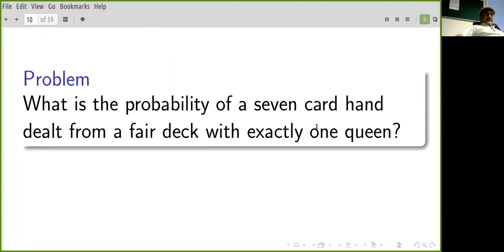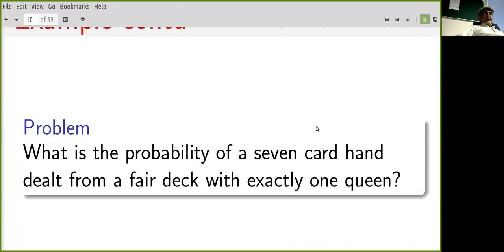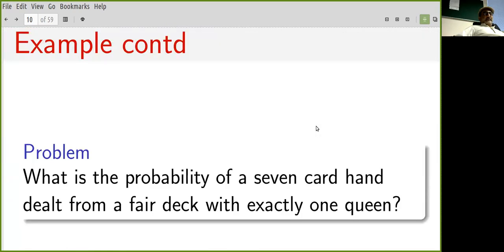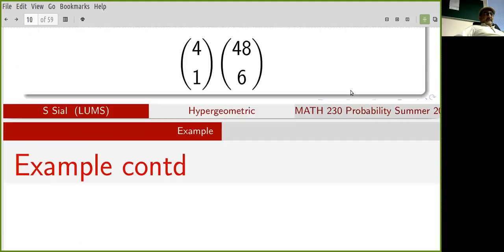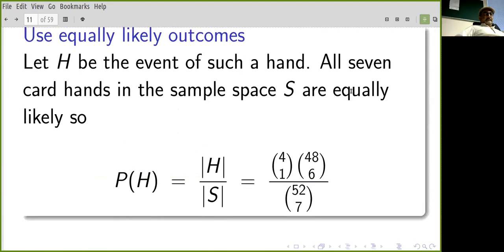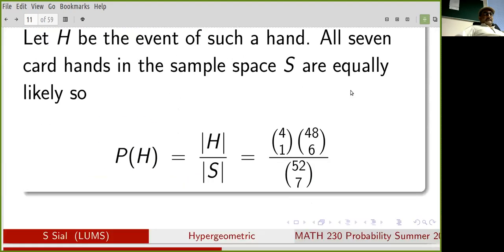And so what's the probability of getting a 7-card hand from a fair deck with exactly 1 queen? It's this number here divided by 52 choose 7.